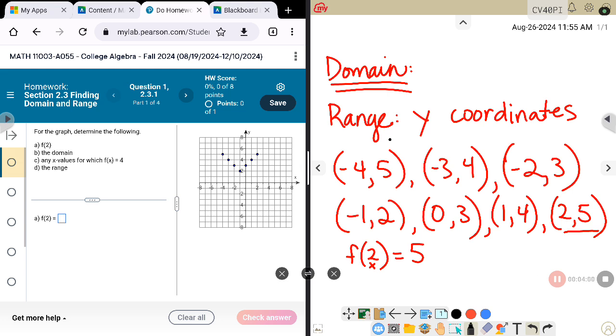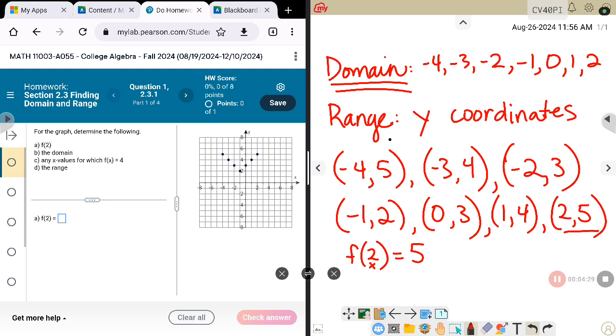So let's see, I have -4, -3, -2, -1, 0, 1, and 2. Again, I went to all of the points that I have listed out, and I have listed their x coordinates.